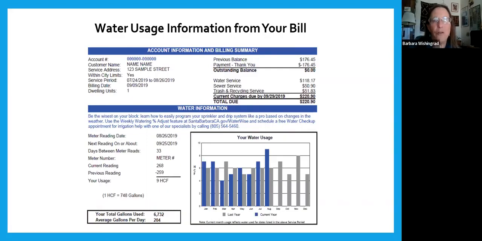The water is measured in HCFs, which is 100 cubic feet. So earlier when we were talking about earthworks and we converted gallons to cubic feet in order to figure out how big the earthworks needed to be to put that amount of water into the landscape, we used 7.48, and for 100 cubic feet, the number is 748.